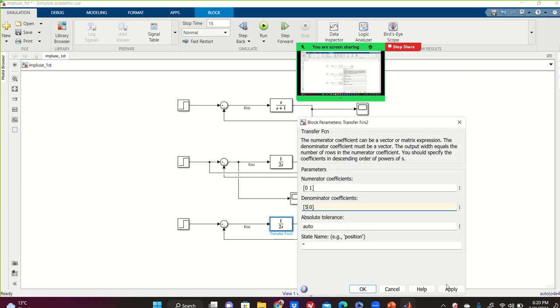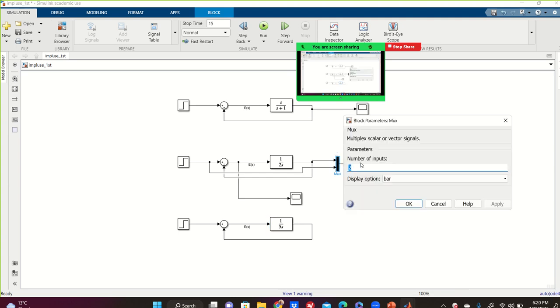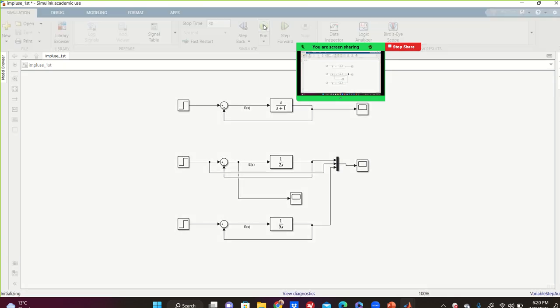I'm expecting 1 over 5. Now I'm going to double click on this. You have 2 inputs to the marks; I'm putting 3. Here we go. Now I'm going to plot this output against the input, as we did in the mathematics. If I save this, and say this is 30 seconds, save.